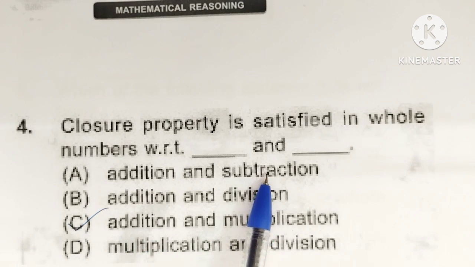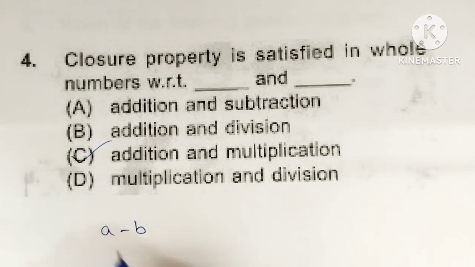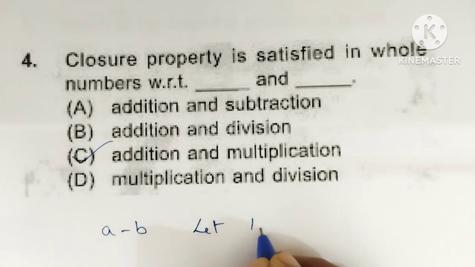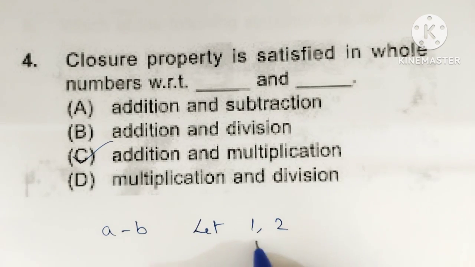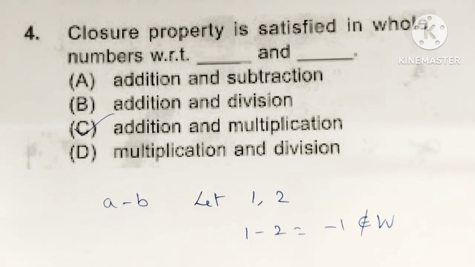Subtraction it does not satisfy. Why? Because A minus B may not be a whole number. Let us take 1, 2. Subtraction 1 minus 2 is equal to minus 1. Minus 1 does not belong to whole numbers. So closure property does not satisfy under subtraction.